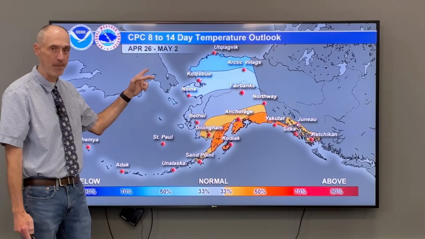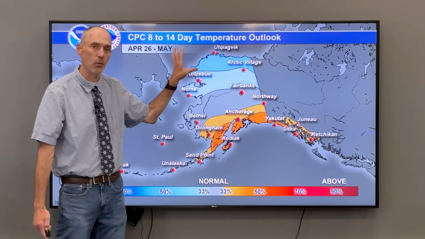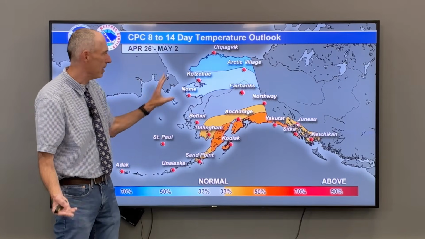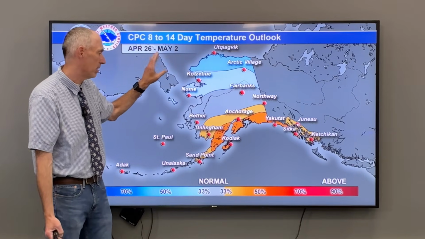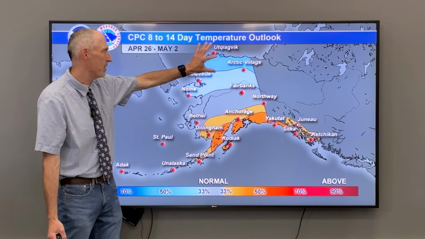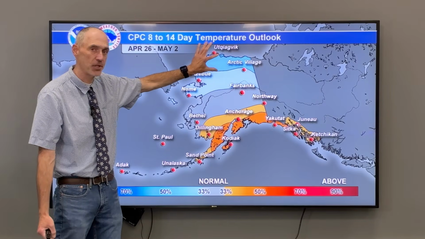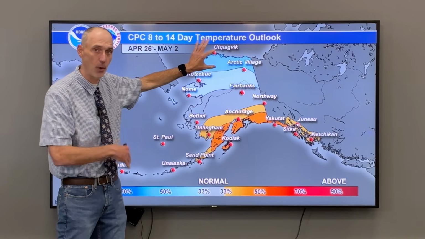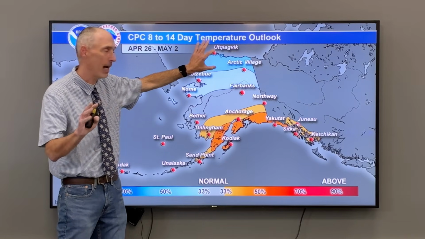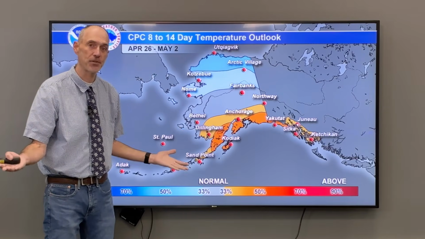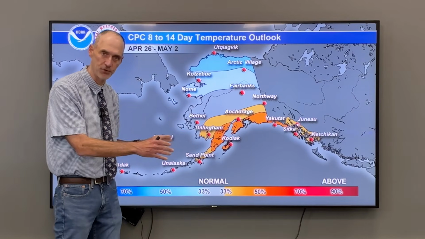Okay, so we're going back to this map here. Now we can describe a little more coherently that we're talking thirds of the distribution. So up here on the north slope in this example, this is the 40 to 50% chance of being in that coldest or lowest third. But it also includes a chance of being in that middle third of the distribution.